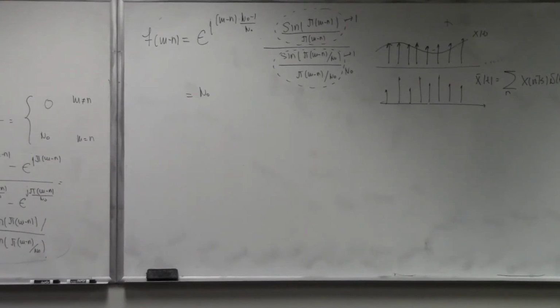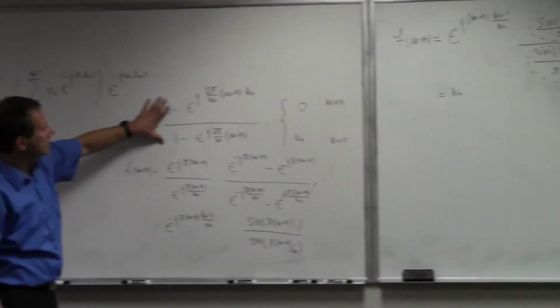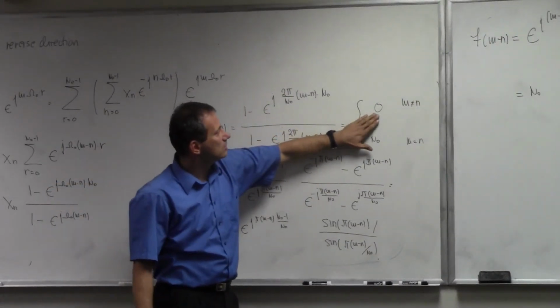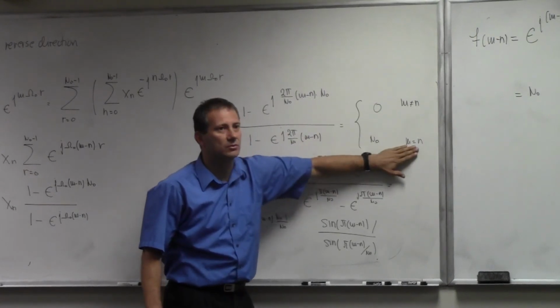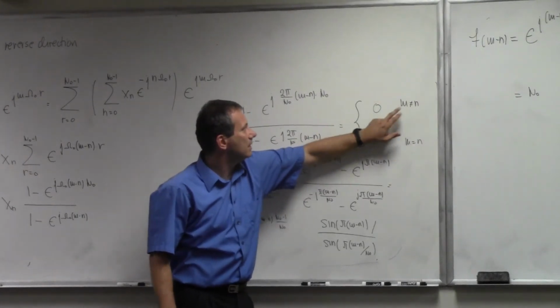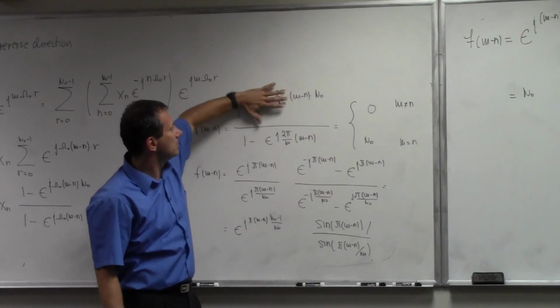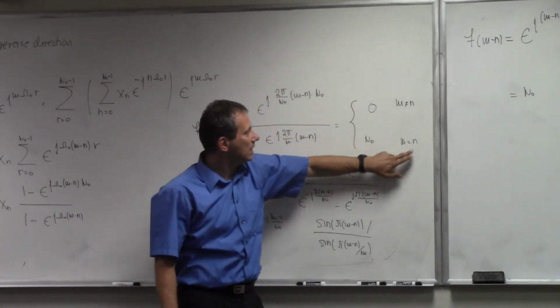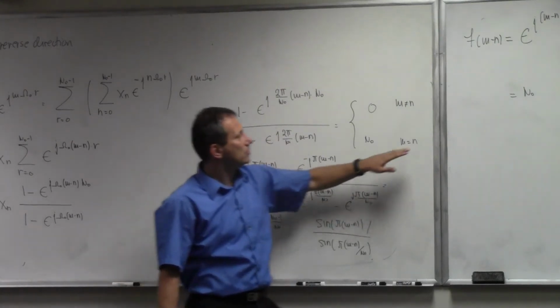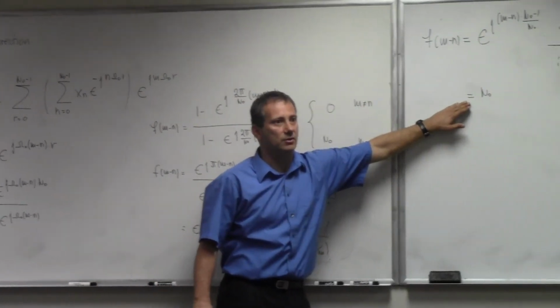So this is the expression we're dealing with, and we have two cases: m different than n, and m equal to n. When m is different than n, this is clearly 0, because the numerator becomes 0 and the denominator is different than 0. When m is equal to n, then through some work, we show that this is equal to n0.